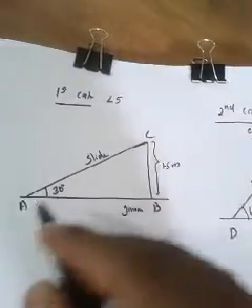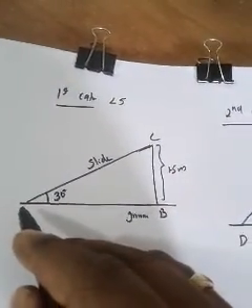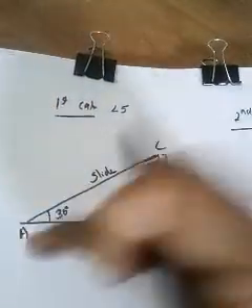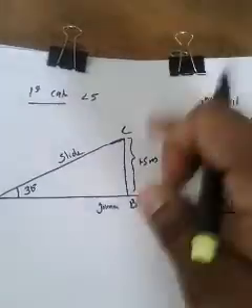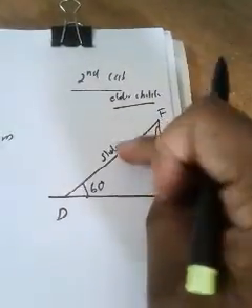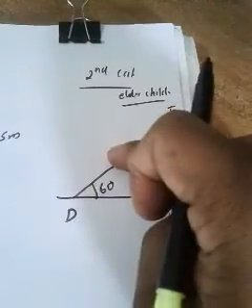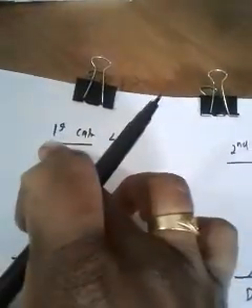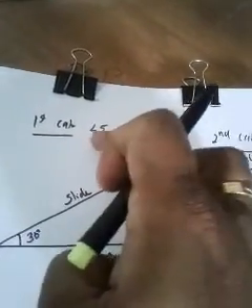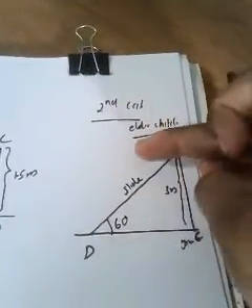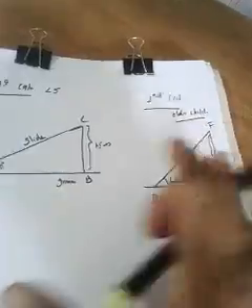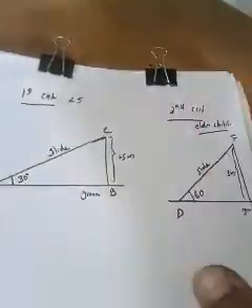No need to write more; just write AC represents the length of the slide and CB represents the height of the slide. Enough. And in the second case, DF represents the length of the slide and CF represents the height of the slide. While drawing the figure itself, you can mention first category for the age group of less than 5 years, and second category for elder children. That means when an examiner sees the figure, he or she will understand everything.